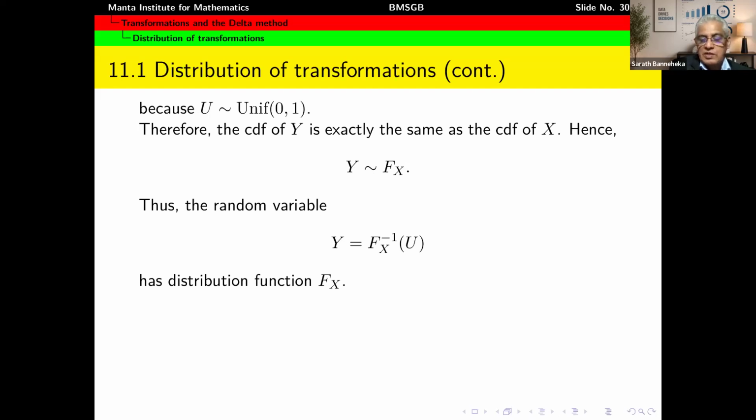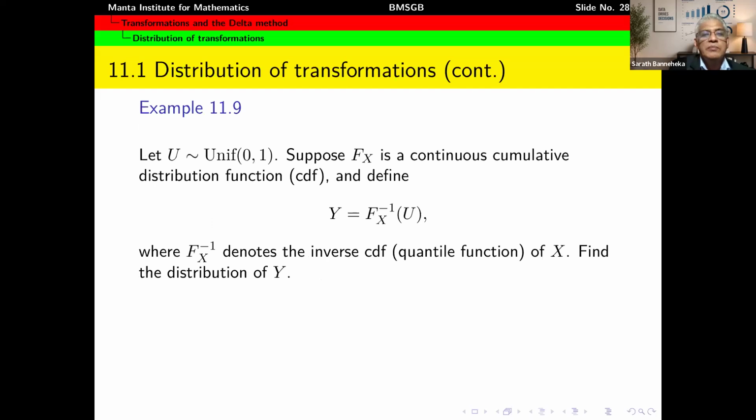So what is the use of this? We can use this theorem or result to get data from any distribution starting with a uniform distribution. Suppose you start with some uniform data, U, and suppose you want to get data from some distribution with a given CDF Fx. So what you have to do is transform these uniform random numbers using this transformation and call it y, for example.